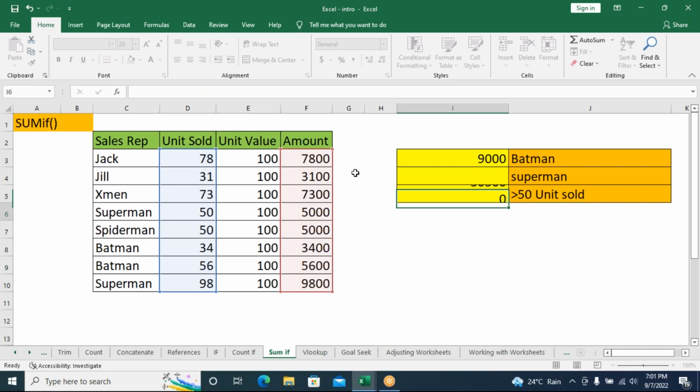I'm showing you the formula. Understood with this? Is there any doubt?